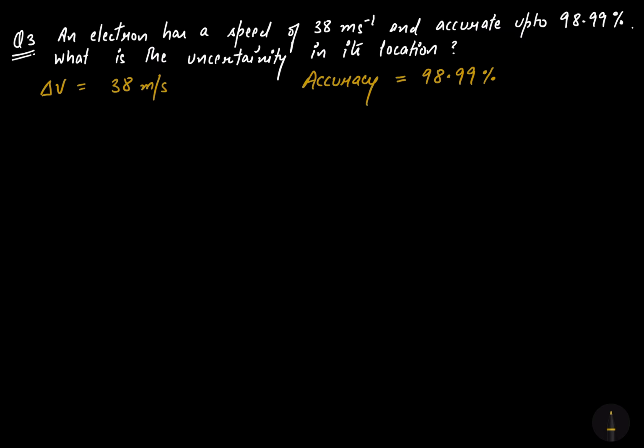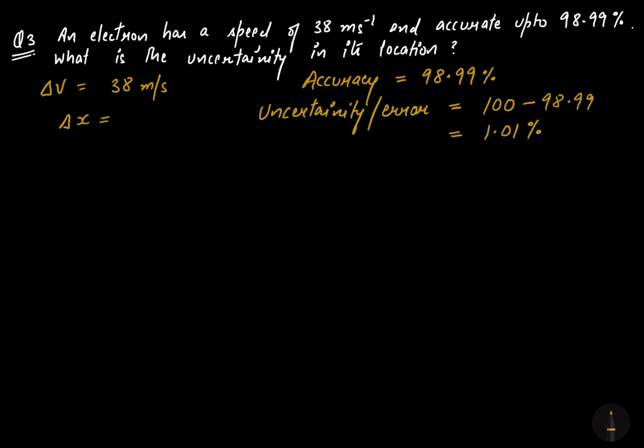So its uncertainty, or you can say its error, will be equal to 100 minus 98.99, and this comes out to be 1.01%. So this is the uncertainty or the error in measuring the velocity of the electron. So here what we have to find is the uncertainty in the location, that is delta x.